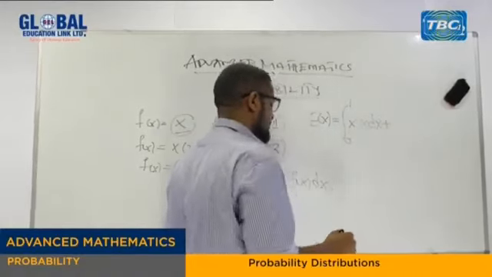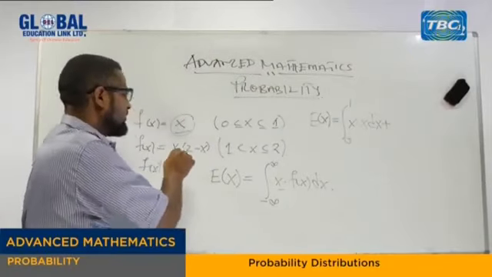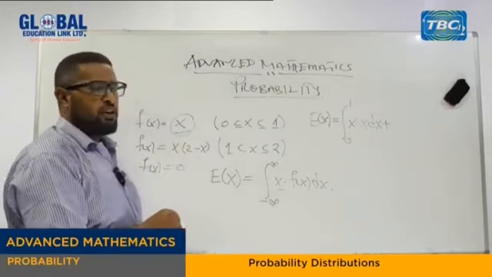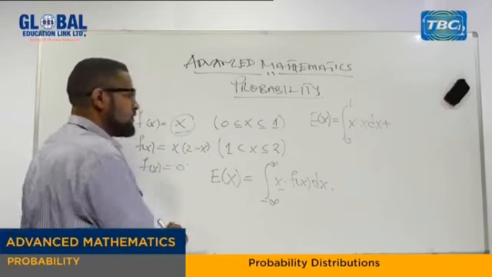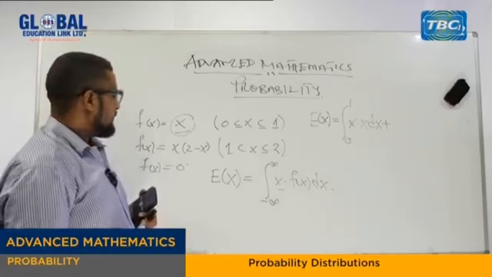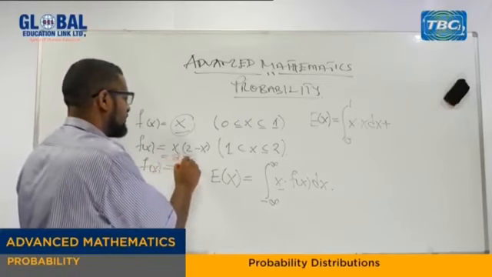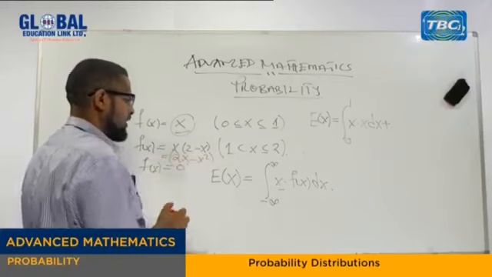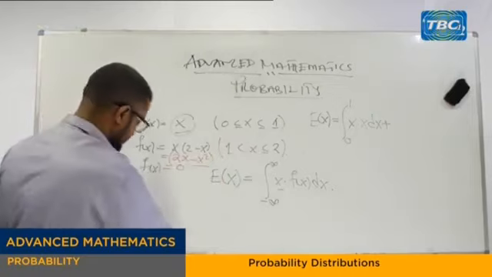We plus the second function, which is x bracket 2 minus x. If you simplify the function before using the integral sign, the function becomes 2x minus x squared. So you're going to use this one in our substitution.